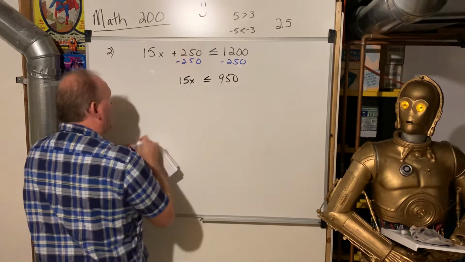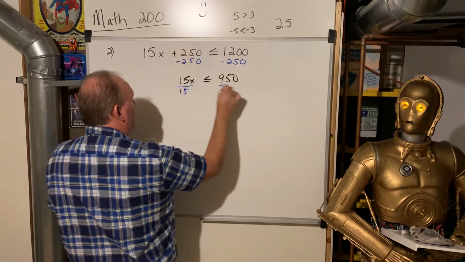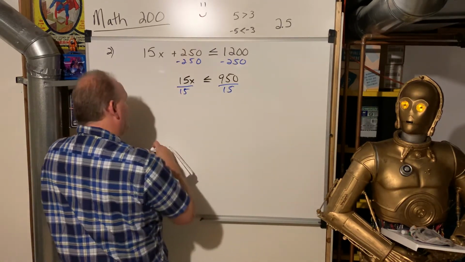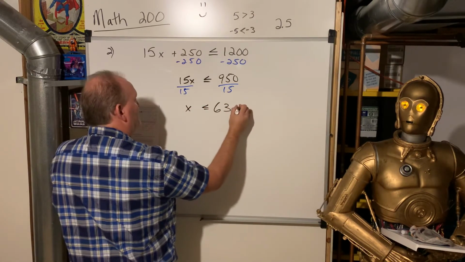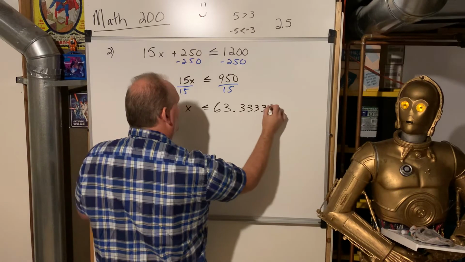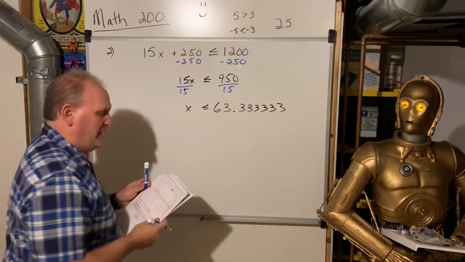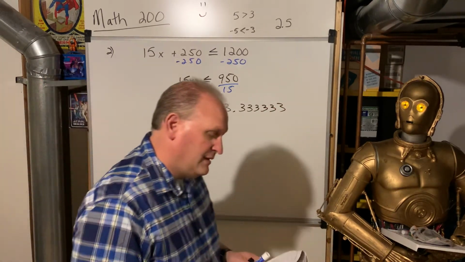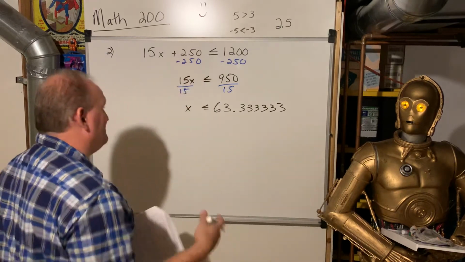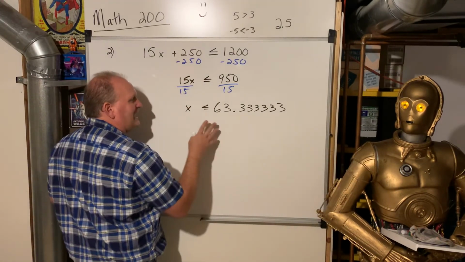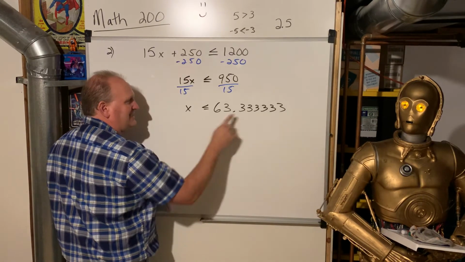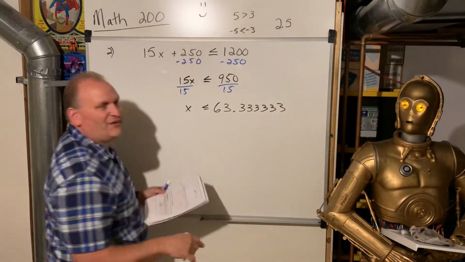And now we divide, and because it's a real world problem, it's not necessarily going to be pretty. And it's not, it's 0.33 forever, right? 63.3. Now, that means less than or equal to 63.333, but we have context here. You can't invite 1/3 of a person.